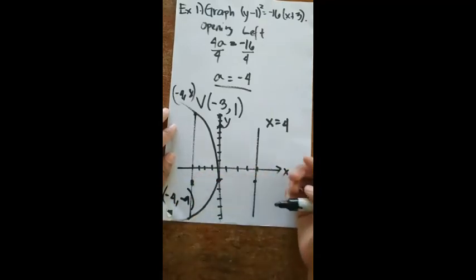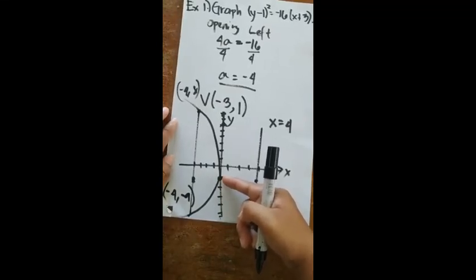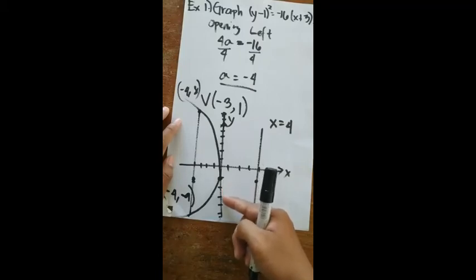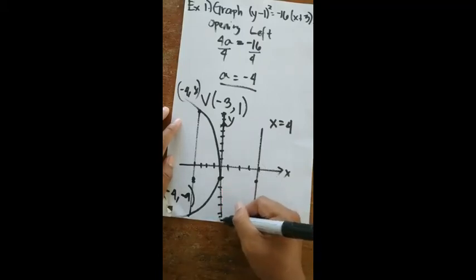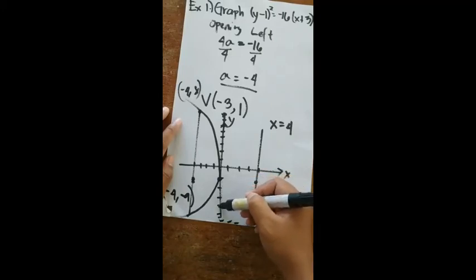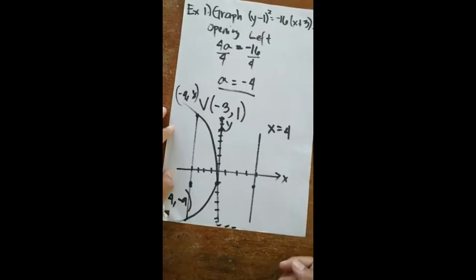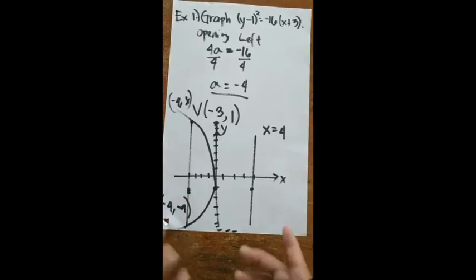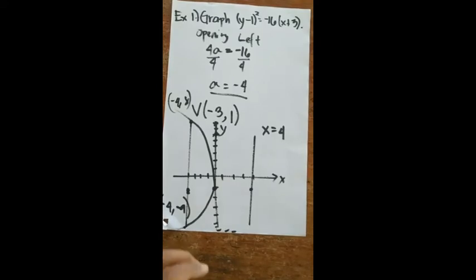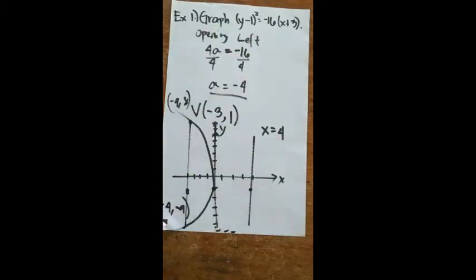Why −9? Because we already moved 1 unit down. If you count 1, 2, 3, 4, 5, 6, 7, 8, 9, that is −9 units. So that is how to graph a parabola. For other openings it is still the same. Just remember what its opening is: left, right, up, or down.